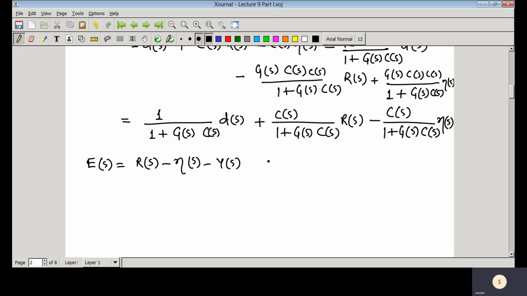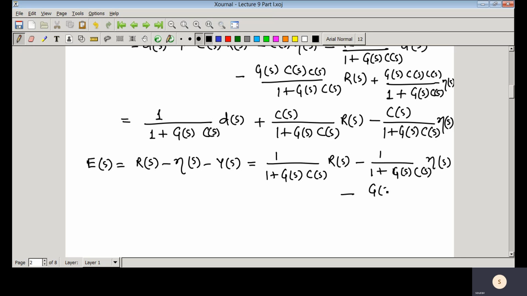If you replace YS, then you will get the relationship 1 by 1 plus GSCS into RS minus 1 by 1 plus GSCS eta S minus GS by 1 plus GSCS DS.